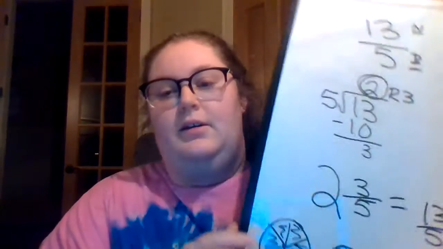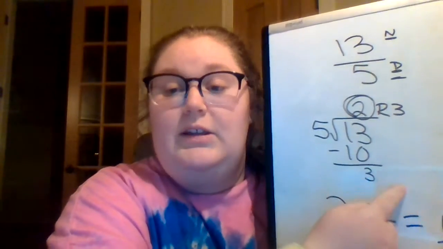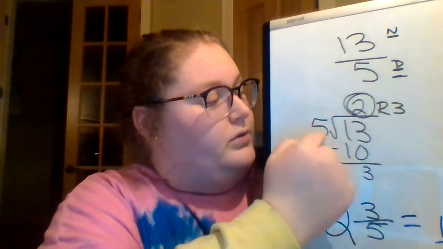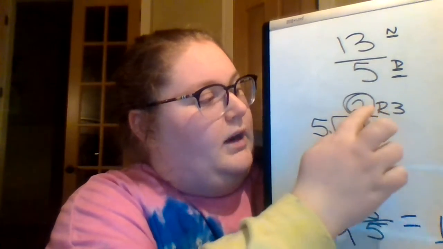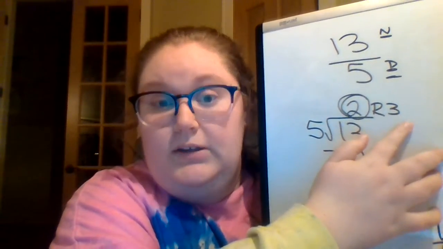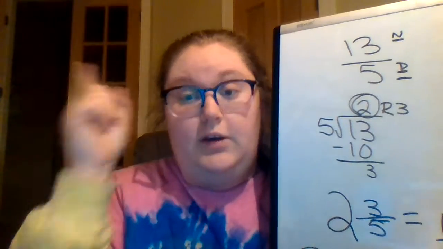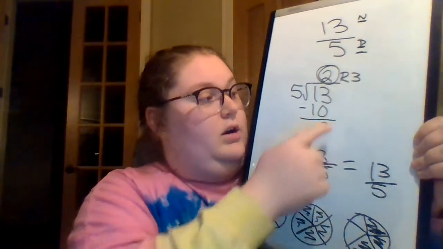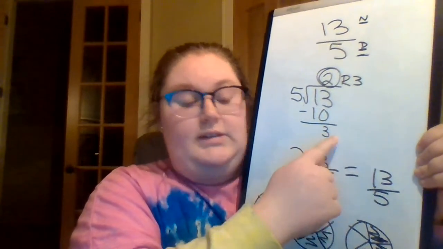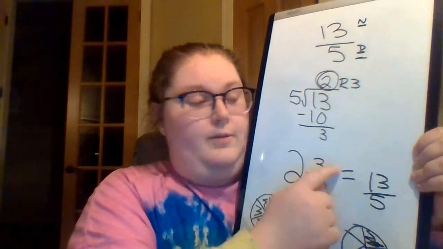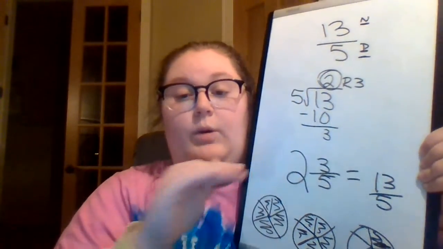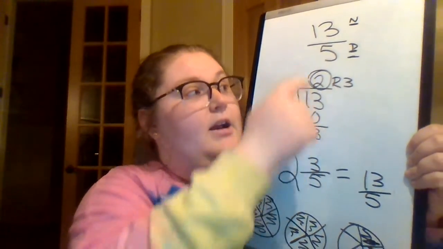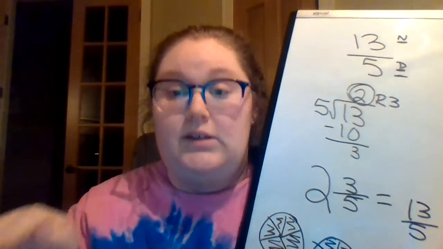And then we're not going to completely solve it. So when we get our number and then our remainder, now we know what our mixed number is. And our remainder is always going to be our new numerator. Our number up top is always going to be our whole number. And then our denominator is always going to stay the same.